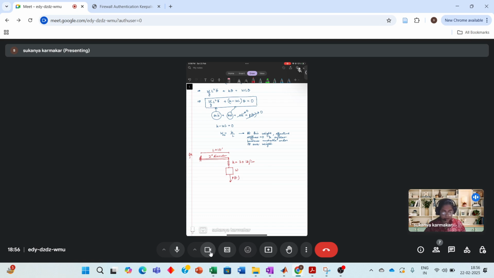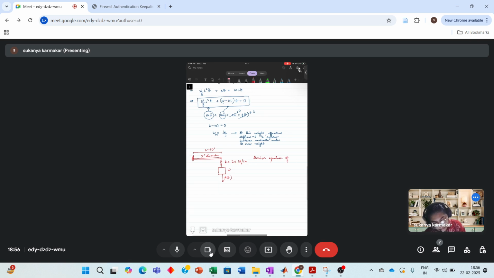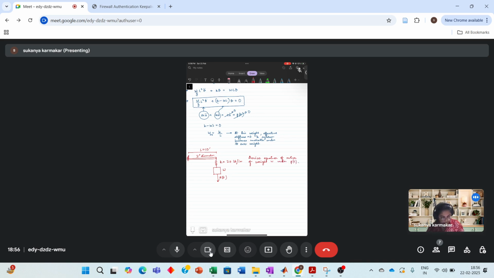That is the question. You have to write down the equation of motion of the weight W under the force P of T.